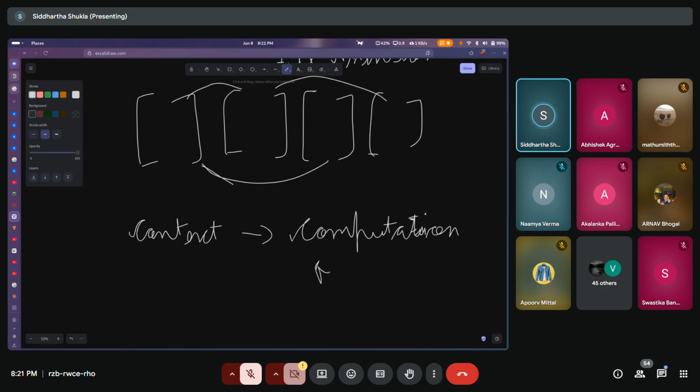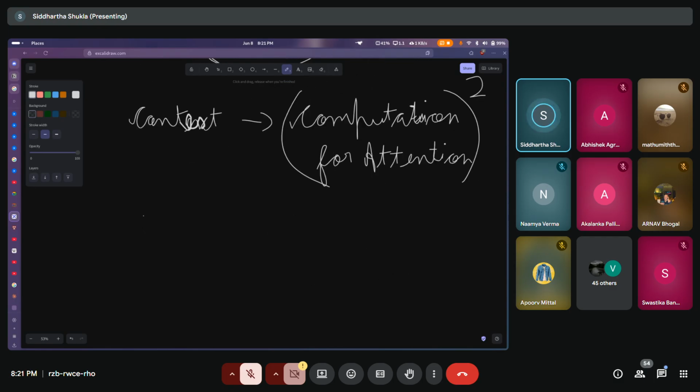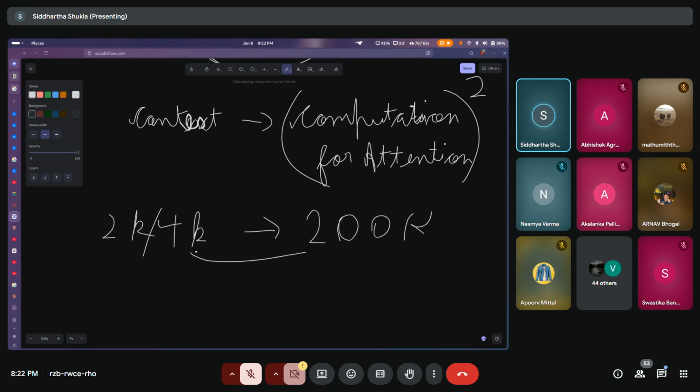So you guys must be able to deduce that increasing context from something like 2K or 4K to something like 200K, you can imagine how much more computationally demanding upgrading the context size must be.